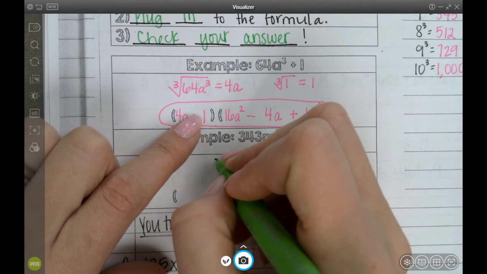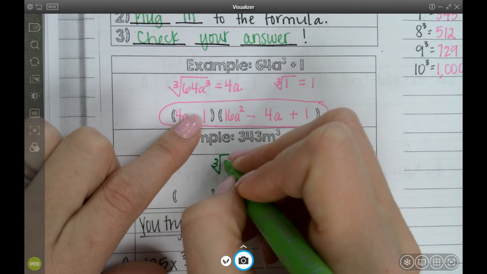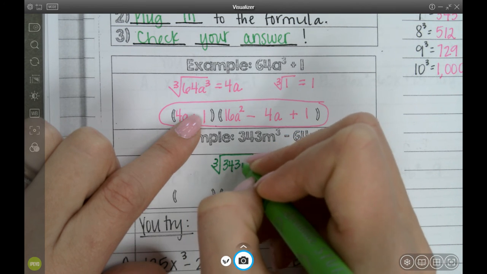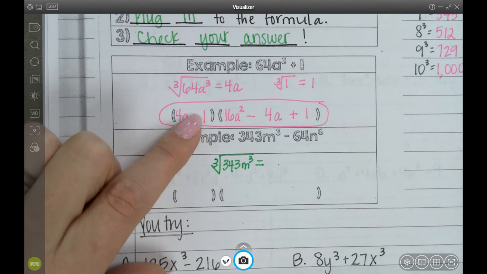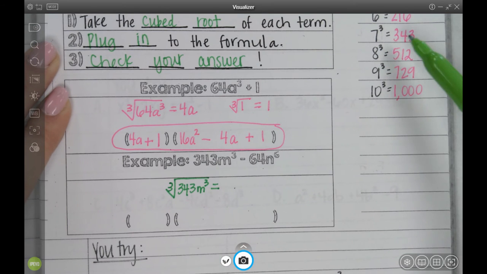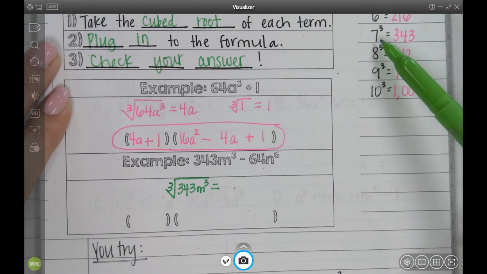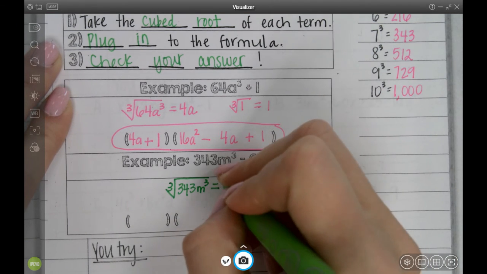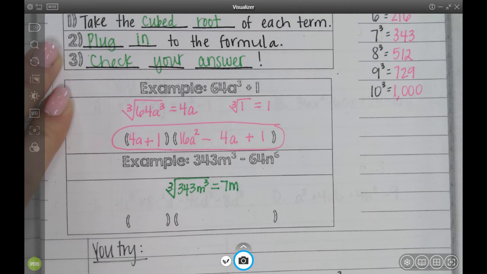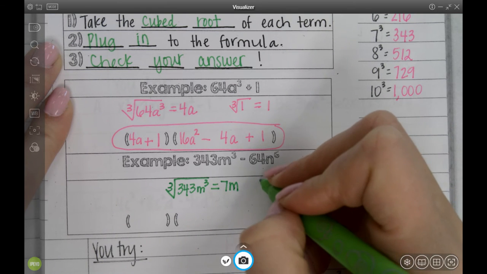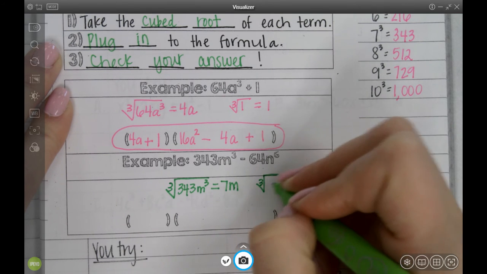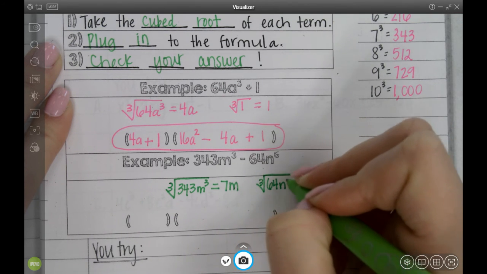So the cubed root of 343m cubed, cubed root of 343 is 7. Cubed root of m cubed is m. I'm going to do the cubed root of 64n to the 6th.